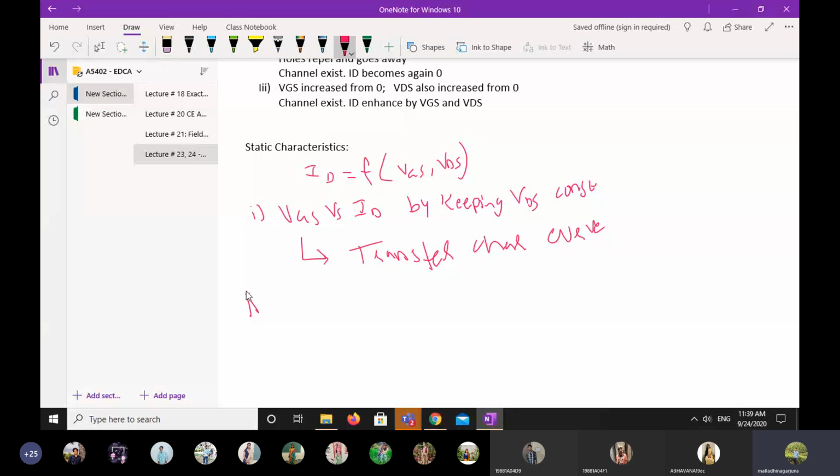The second point is VDS versus ID, again by keeping VGS constant. These are called drain characteristics.